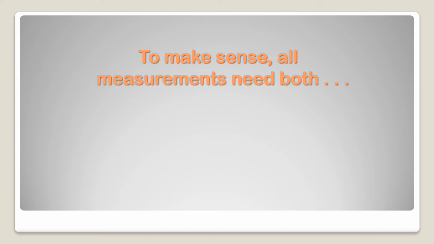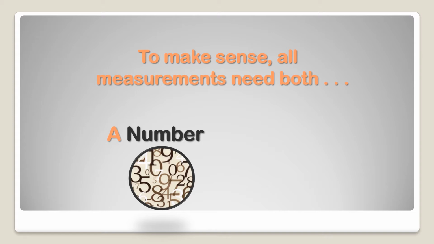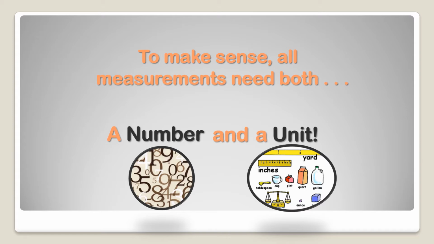To make sense, all measurements need two things. They need first a number and a unit. So whenever you're making your answers, especially in science and math, it's incredibly important that you put in the number and the unit.